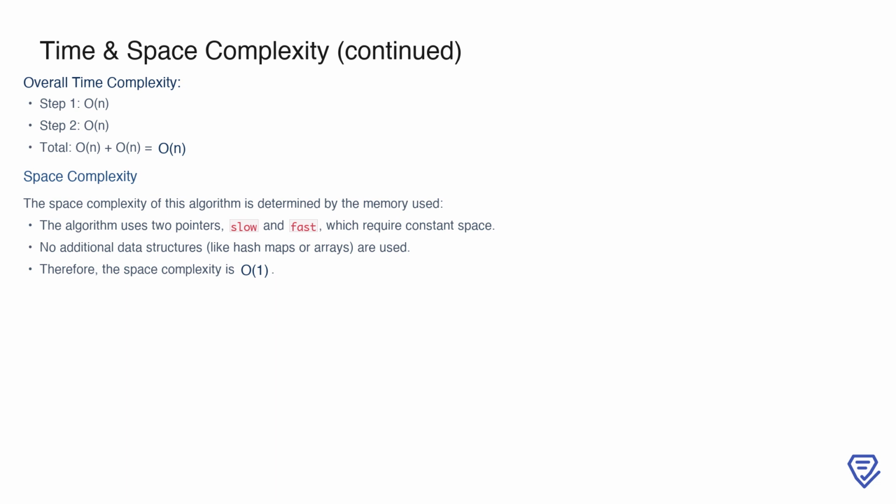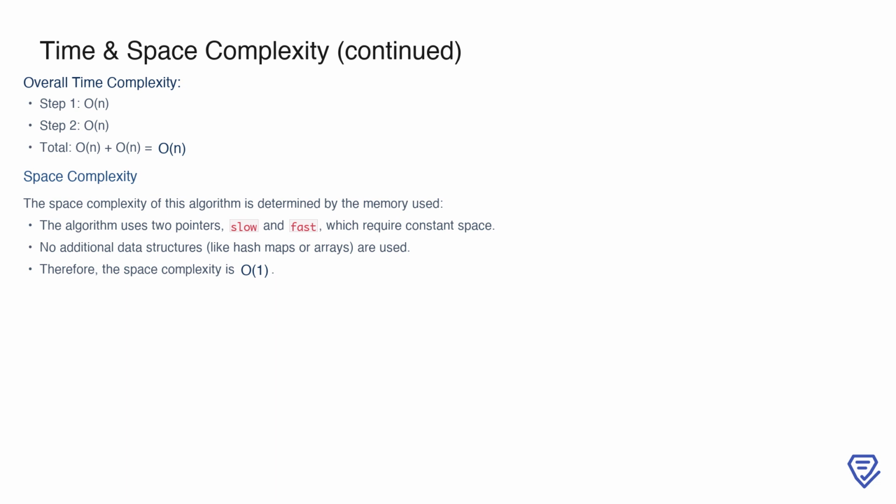Now, let's summarize the overall time complexity. Step 1, detecting if a cycle exists, has a time complexity of n. Step 2, finding the starting node of the cycle, also takes n. Adding these together, the total time complexity becomes n plus n, which simplifies to n. Next, we consider the space complexity.